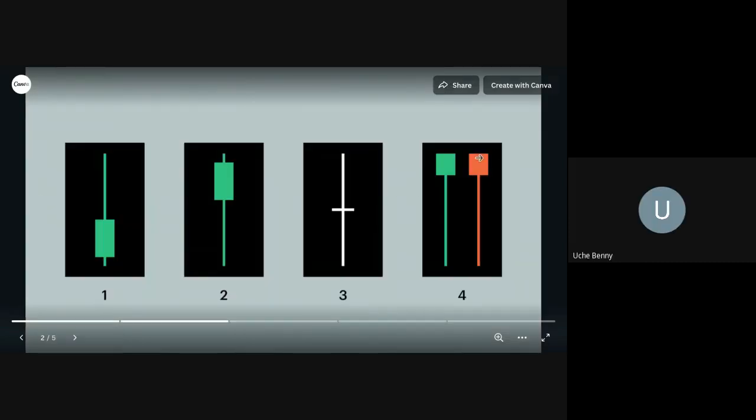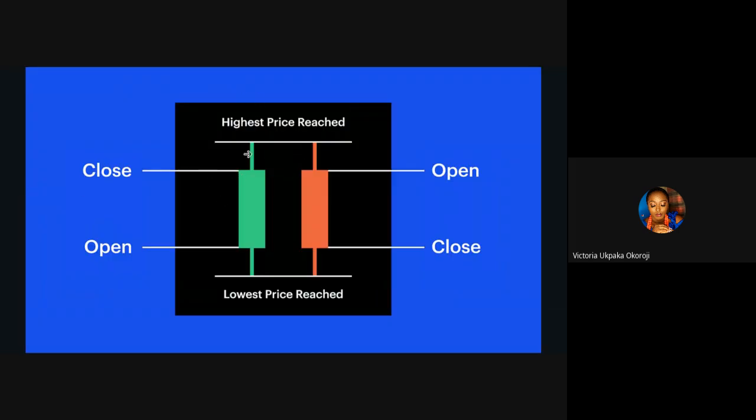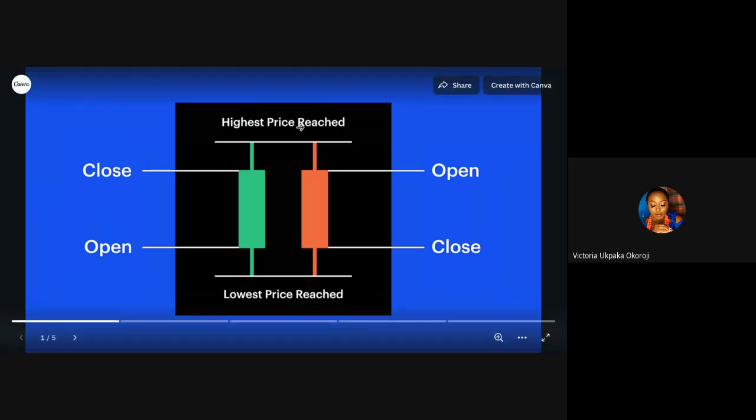If you look at that first one we looked at, the complete structure, the tiny stick on top means the highest price reached. The tiny one under means the lowest price reached.